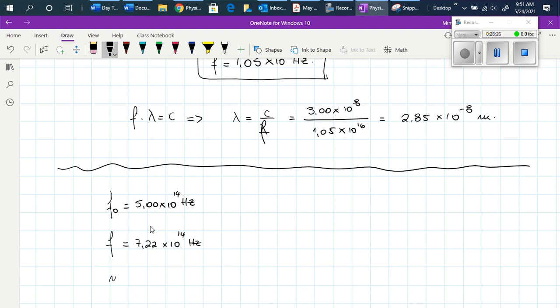Okay, so what is just the kinetic energy of the electrons, and then we can go even further to find the speed of the electrons.